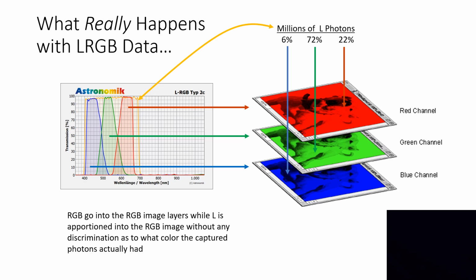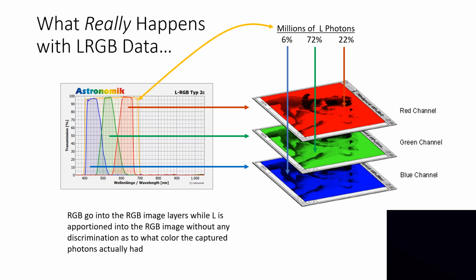Well, the red captured photons obviously go into the red layer, the green into the green layer, and blue into the blue layer. But what happens when we capture these L photons and want to put them into our RGB image?